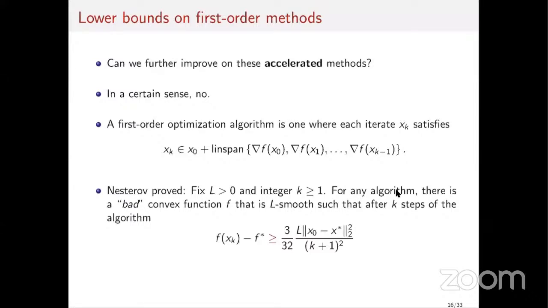Another aspect where n is going to appear, and this is something that one cannot avoid, is when you implement this algorithm: the cost of each iterate. You have to add up vectors. In the case of the gradient, you add up vectors in Rn, so the cost of adding vectors in Rn is linear, of size n. And then there's the cost of computing the gradient.